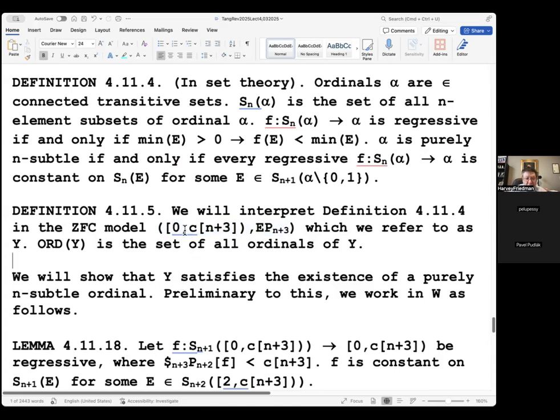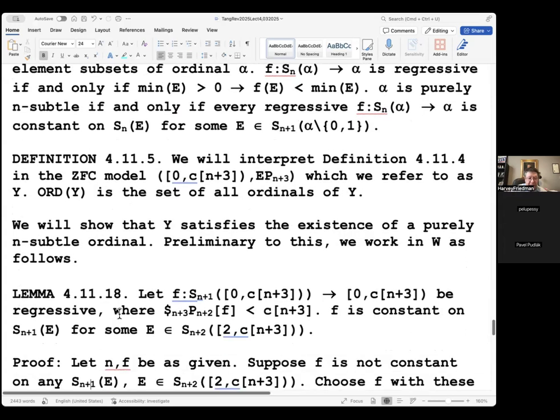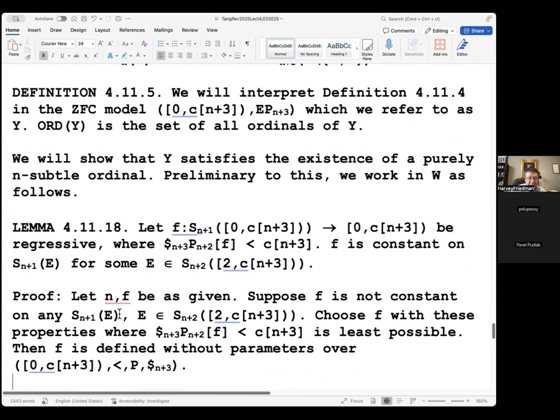We're going to show that Y satisfies the existence of a purely n subtle ordinal. And preliminary to this, we have to work in W as follows. So now hopping in W, and here's the key idea that allows you to go from indiscernibles to large cardinals.